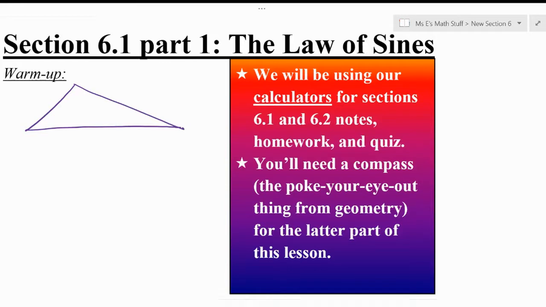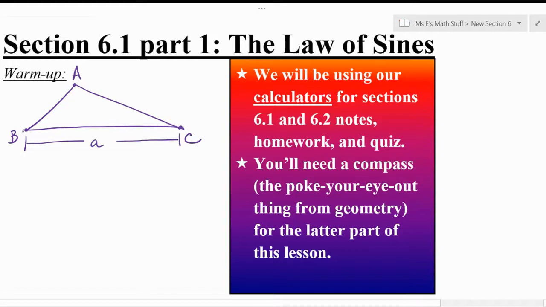And then let's remember some notation. In geometry, we use uppercase letters to represent points. So I'm going to call that point up there at the top, point A. And then this is point B, and this is point C. And then a convention that you'll see we take advantage of in this lesson and from here on out is that the side length opposite angle A, we will call lowercase a.